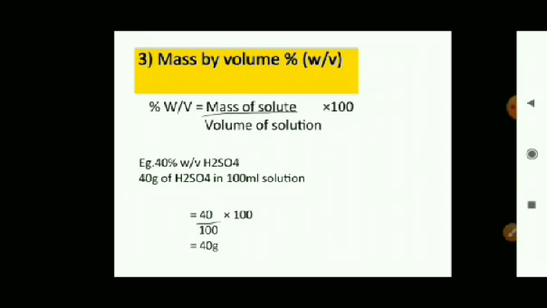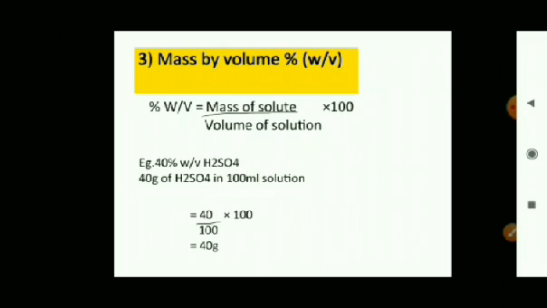So mass by volume percentage is another unit which is commonly used in medicine and pharmacy, and it is the mass of solute which is dissolved in 100 ml of the solution. Understood? Mass of solute is going to dissolve in ml, that is volume, right?